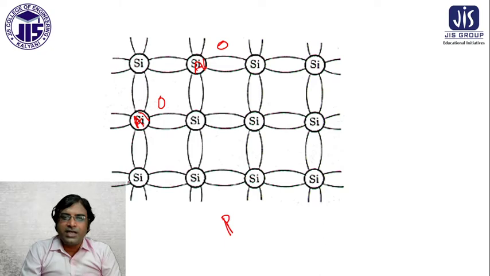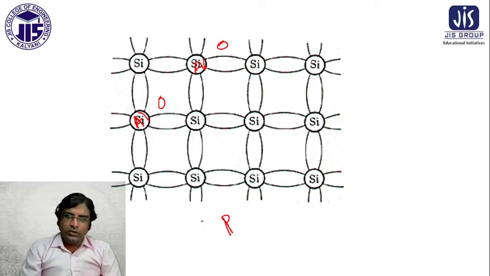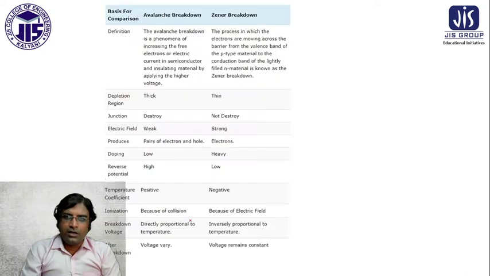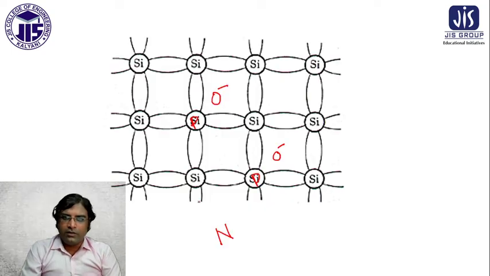As this is the P type and N type, now what happened? This is moderately doped.